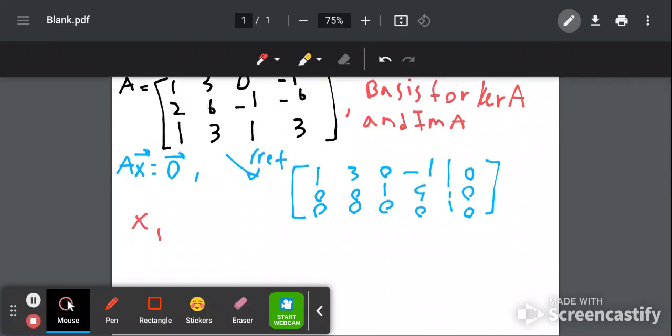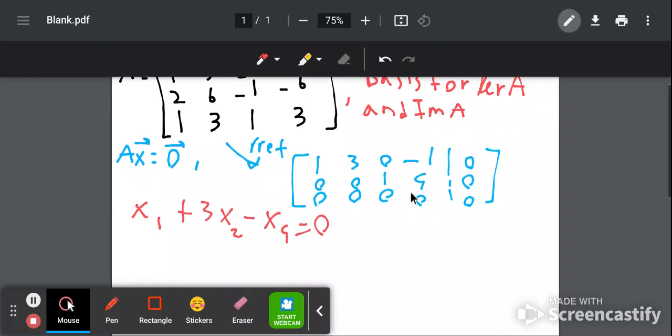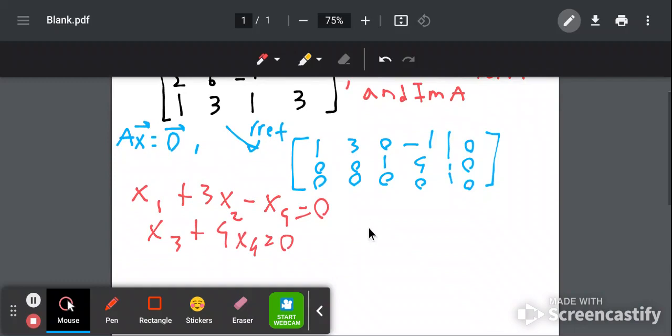After doing the RREF, the first row gives x1 plus 3x2, no x3 because it's 0, and then minus x4 is equal to 0. The second row gives x3 plus 4x4 is equal to 0. The third equation is all zeros, so it's easier for us because we only have 2 equations.